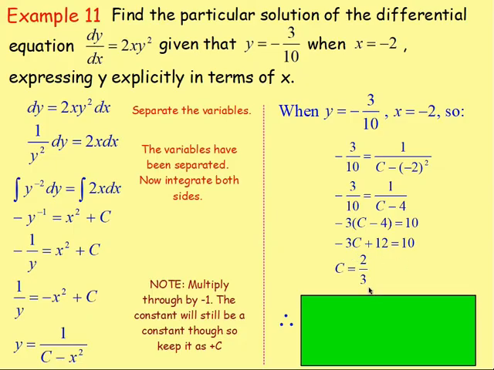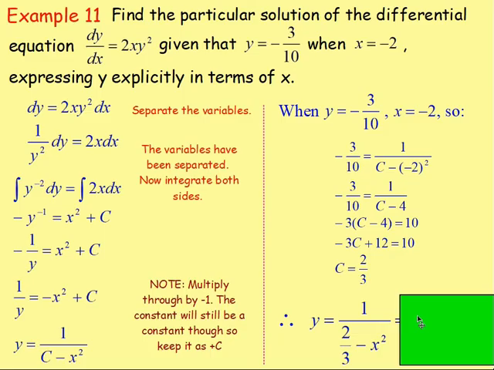So c would work out to be 2/3. After that, because you know this value of c, you can sub that back into your general solution. So you get y equals 1 over 2/3 take away x squared. And rewriting that, if you multiply each of the terms by 3, you will get 3 over 2 minus 3x squared. And that there will be your answer.